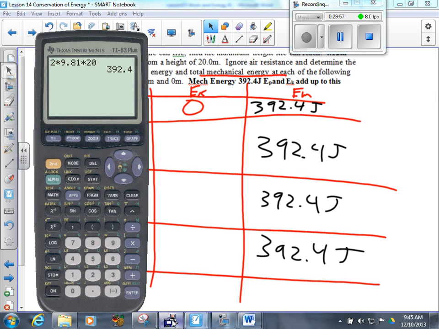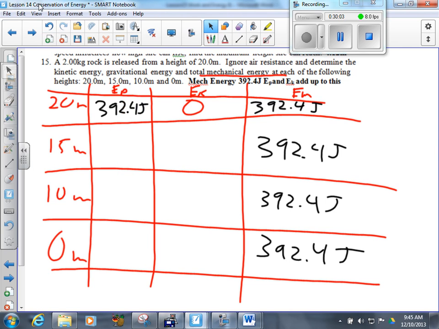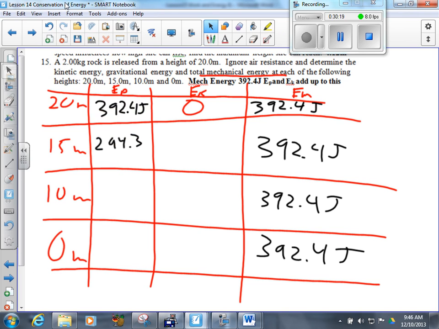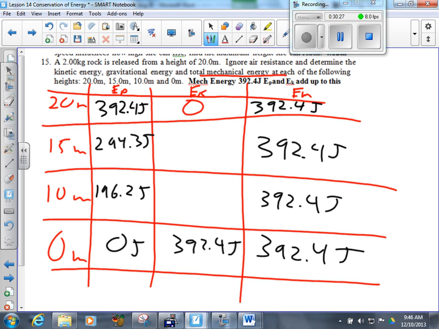All right, so for the 15-meter one, 2 times 9.81 times 15. 294.3. Okay, and then again, 19.62 times 10. So 196.2 joules, 0 joules, 392.4 joules.